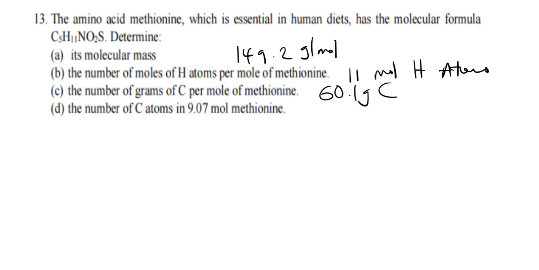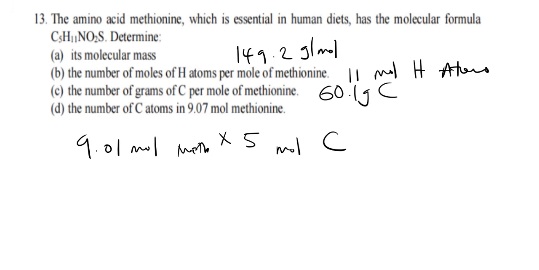Then the last one is to determine the number of carbon atoms in 9.07 mole of methionine. Now this changes everything because they've now increased the number of moles to 9.07. So in this case, what are we going to have? Since 1 mole of carbon is equal to the same mole of the actual compound itself, for this one we are going to have 9.07 mole of methionine multiplied by the 5 moles of carbon.